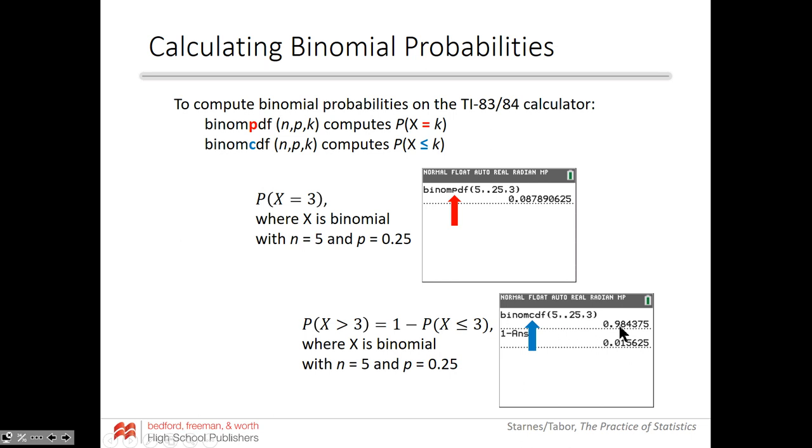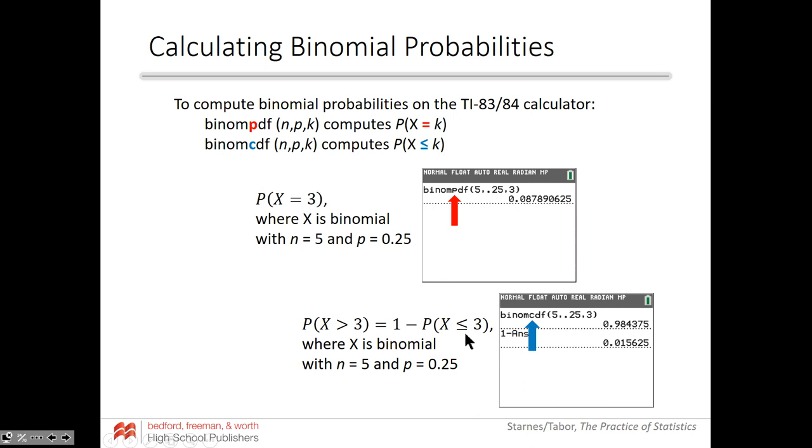this function gives you 0.984375, that's the area less than or equal to 3. So that gives you the probability that you have 3 or fewer kids with type O blood. So to find the probability that X is greater than 3, we have to take 1 minus that.